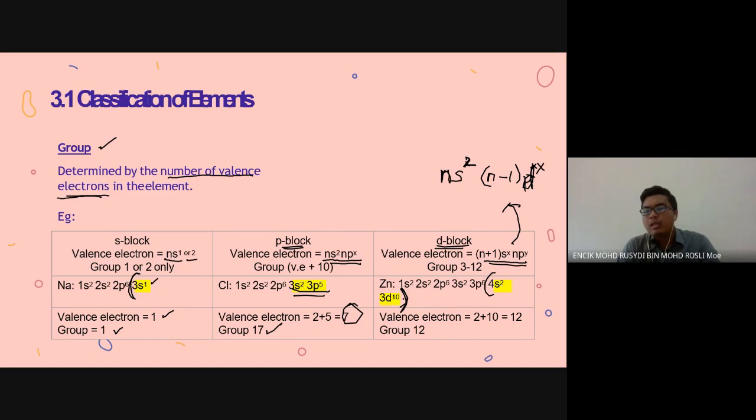And then 3d10, which is, sorry, this is a mistake here, it should actually be the d orbital (n-1)d^y. Okay, so we take the 2. So combine those numbers. So we have 12 valence electrons here. There are 12 valence electrons for the element zinc. So therefore the group for zinc is group 12. Group 12.